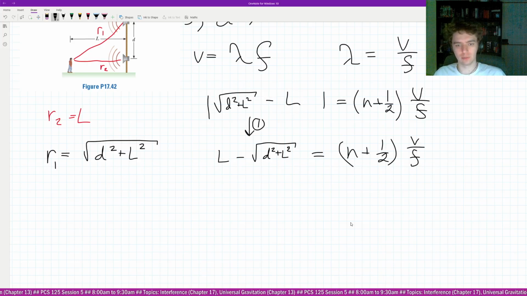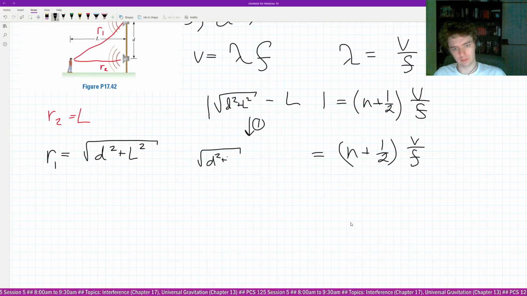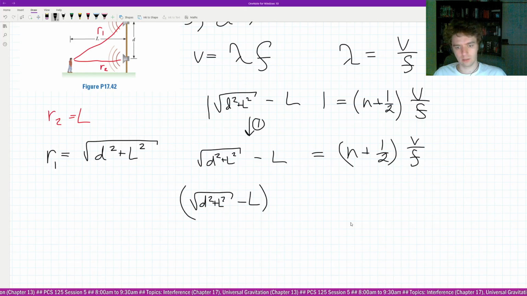So we don't have to worry about the absolute values. So it's the square root of d squared plus L squared minus L, times f over v, minus 1/2 equals n.